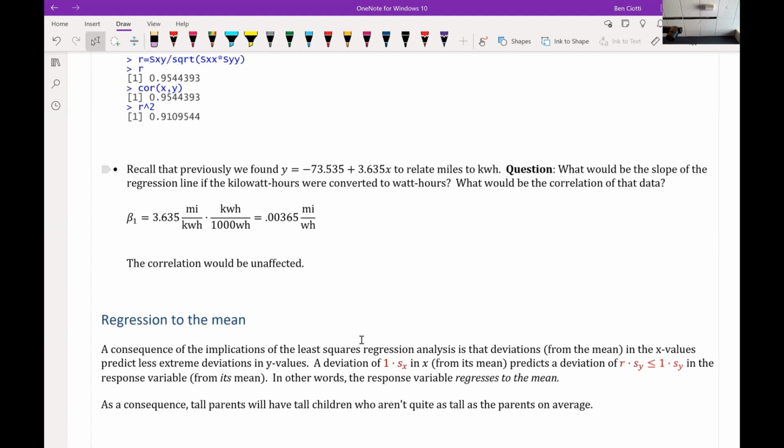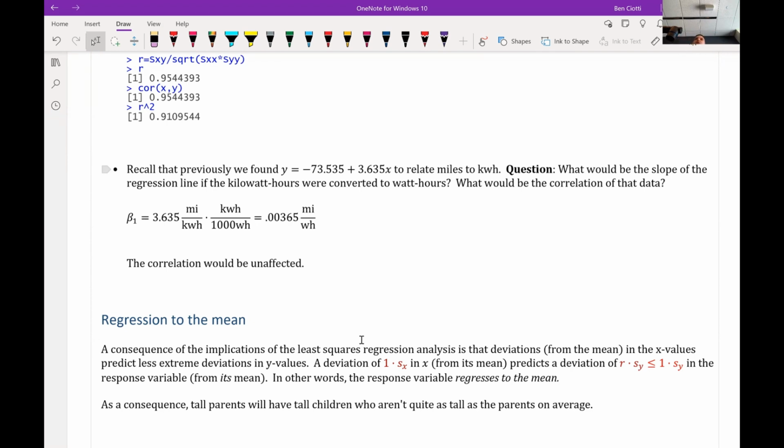There's a pretty cool consequence of the equations of the regression line that explains how it got its name. I don't know if this thought occurred to anyone, but did you ever wonder why we call it a regression line? The name least squares makes sense. The name line of best fit makes sense. Why do we call it a regression line?